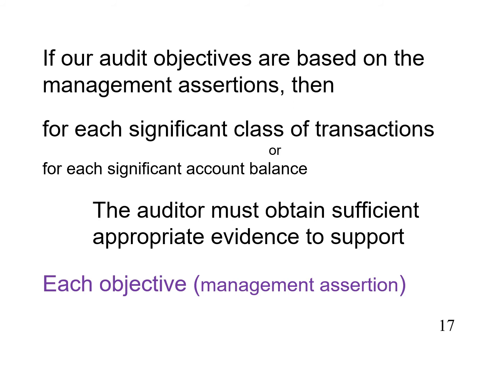There's 6 of them for each and every account. So if I've got 5 significant classes of transactions and there's 6 assertions, that means I have to gather evidence to support 30 objectives. 5 times 6.